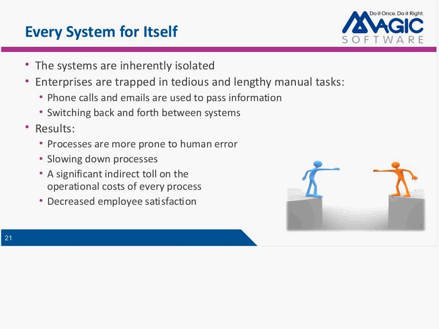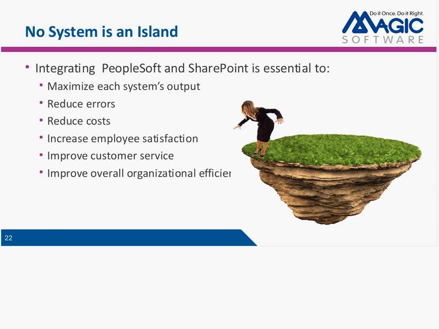The result is a very slow process. It's prone to human error, and there's an operational cost that comes into every process as a result. Ultimately, people don't like it much either. There's a sense of employee dissatisfaction that festers because they're using systems that should be integrated, that should be orchestrated together, but are not.